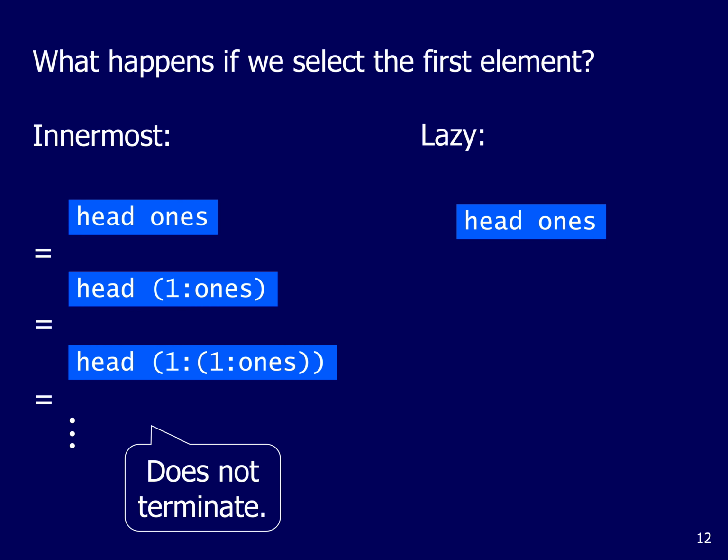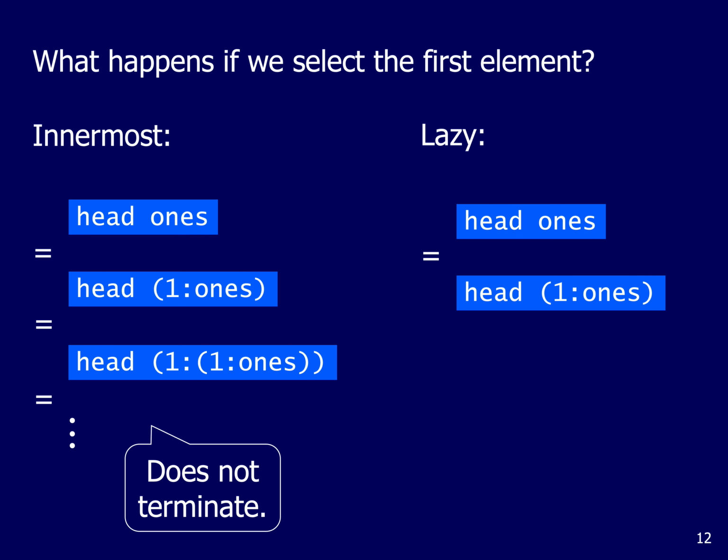Now we can move across to the right-hand side, where we're using lazy evaluation, or actually again outermost evaluation, because we're not using any sharing of arguments here. What can we do this time around? Well, we can't apply the head function first because we don't know we have a non-empty list at this point. So we need to expand the definition of ones. Now we have head of 1 followed by ones, and now we can apply the definition of the head function.